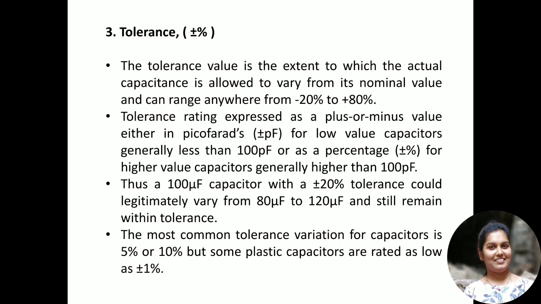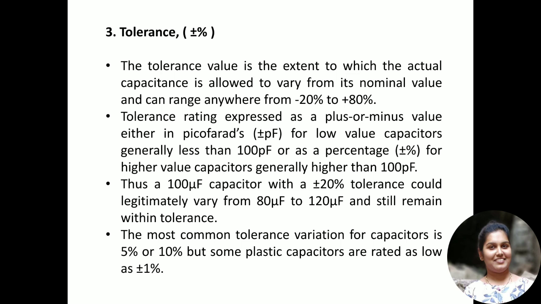The tolerance value is the extent to which the actual capacitance is allowed to vary from its nominal value, and can range, as we have seen previously, from minus 20 percent to plus 80 percent. Thus a 100 microfarad capacitor with plus or minus 20% tolerance could vary from 80 microfarads to 120 microfarads and still remain within the tolerance range.